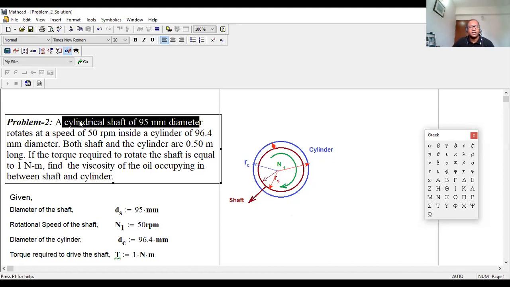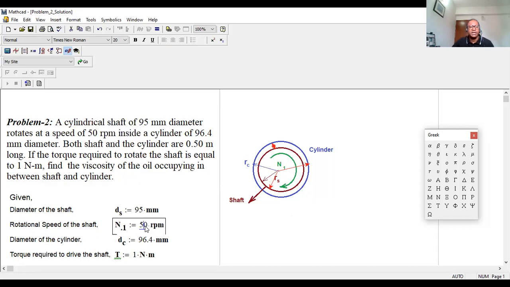So read the first line. There is a number 95, that means one data is there. What is that data? Diameter of the shaft. So I write down diameter of the shaft, D subscript S, equal to 95 millimeter. This shaft is rotating at the speed of 50 RPM, so rotational speed of the shaft N1 is given as 50 RPM.